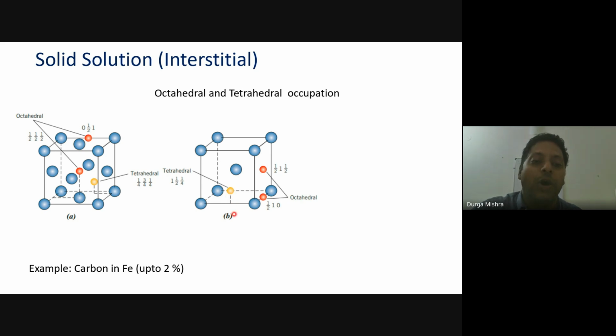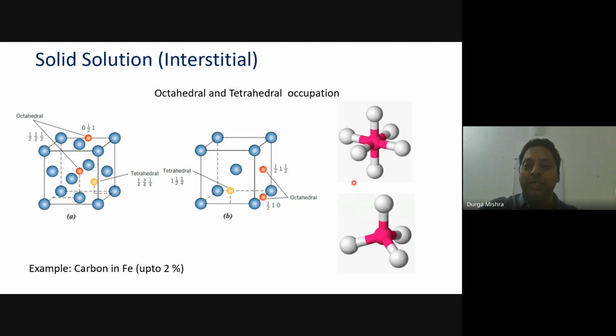So how do we know which is octahedral and which is tetrahedral? It is normally known from its coordination number. Coordination number means with how many atoms, the next nearest neighbors, these atoms are coordinated. So this is an octahedral coordinated atom or ion.